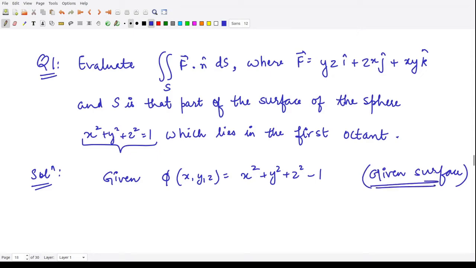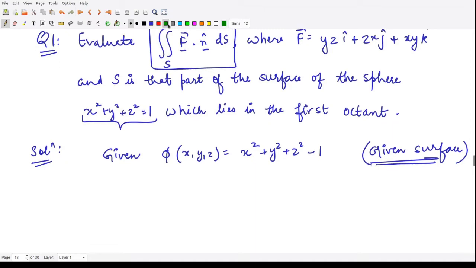Now, in order to calculate this integral, F is given to us, and we are to calculate this unit vector. What would be this unit vector and how can we calculate that? If you remember, the gradient of any function phi gives you the direction which is perpendicular to the given surface. So here n vector is the unit vector perpendicular to the given surface, right?